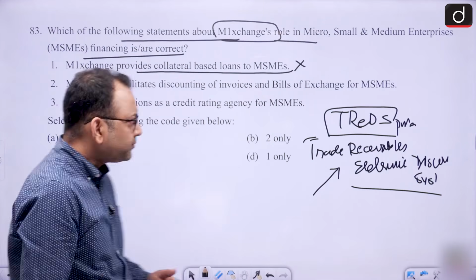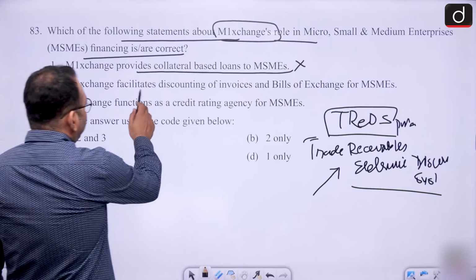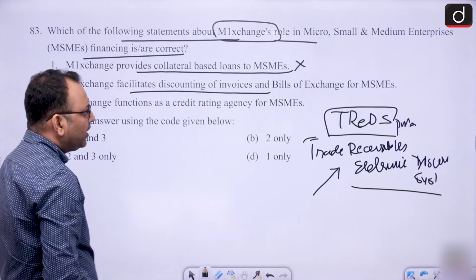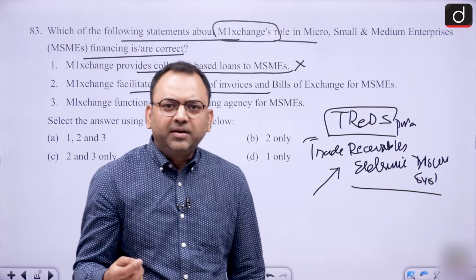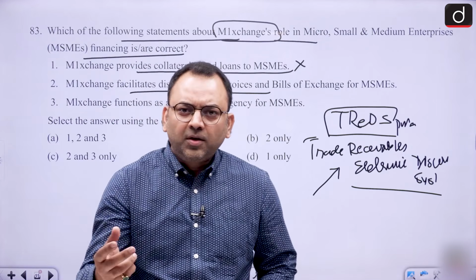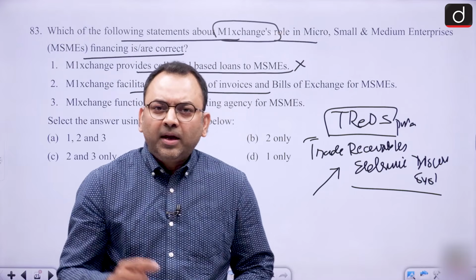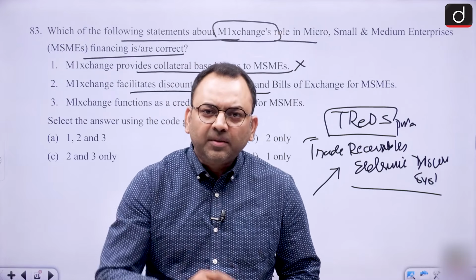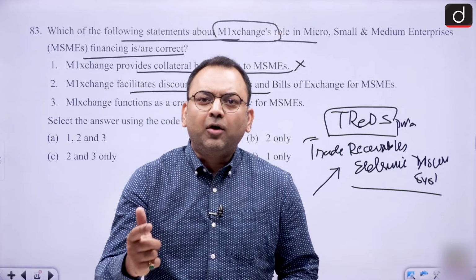It promotes discounting of the invoices, right? Suppose there is an invoice for 100 rupees of goods sold, right? The bank gives the MSME 98 rupees, at a discount of 2 rupees.